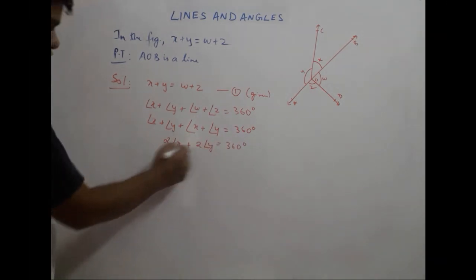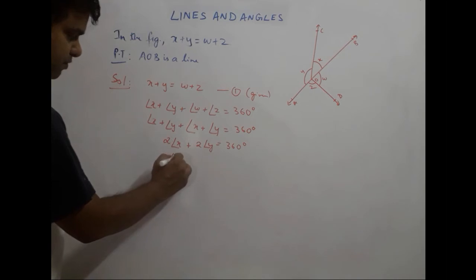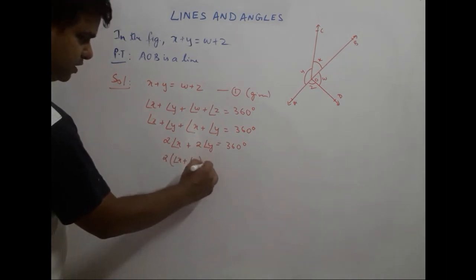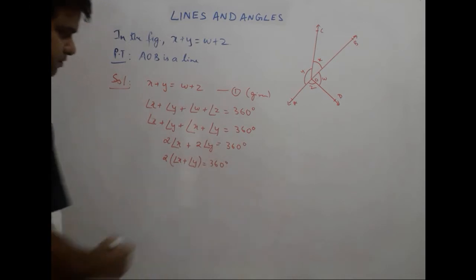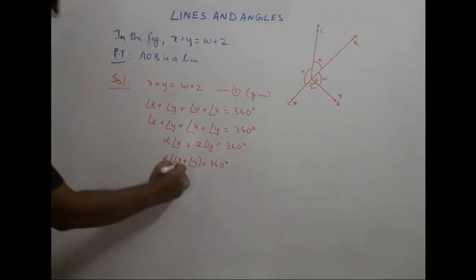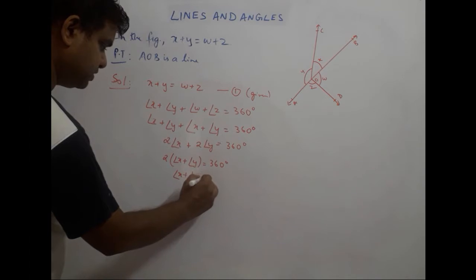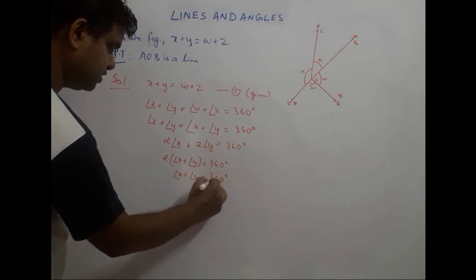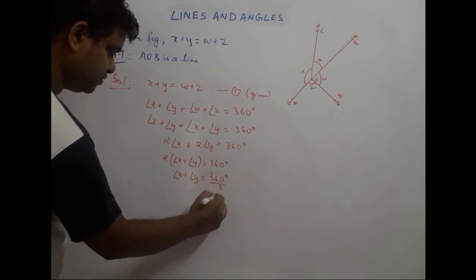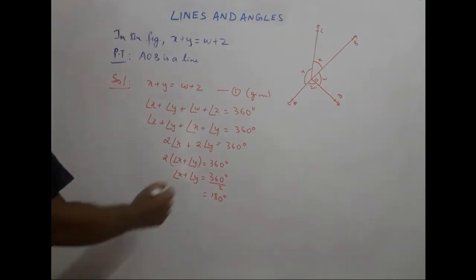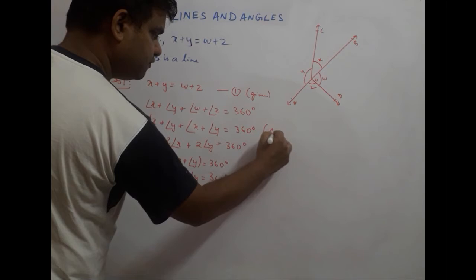If we take 2 common, we get 2 times angle x plus y equal to 360 degrees. And this can be divided further and put as angle x plus y equal to 360 degrees upon 2, which is equal to 180 degrees.